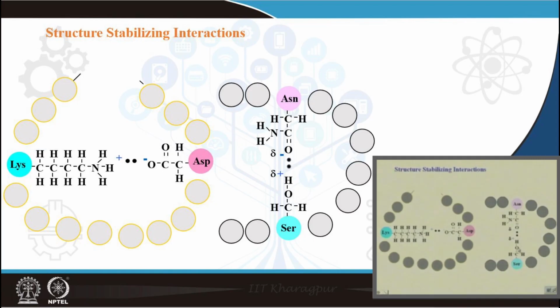We have a donor. Who is donating? Serine is donating. And we have an acceptor, the carbonyl oxygen of the amide group of the asparagine. So this would be the formation of a hydrogen bond. This would be the formation of an ion pair. And both of these are extremely important in forming your final protein folded structure.